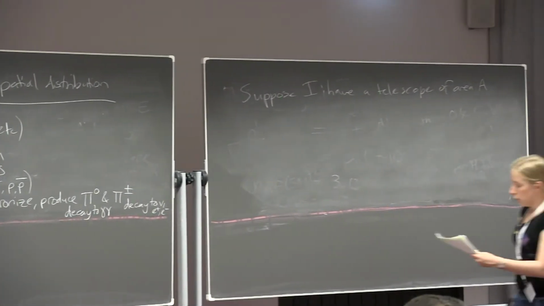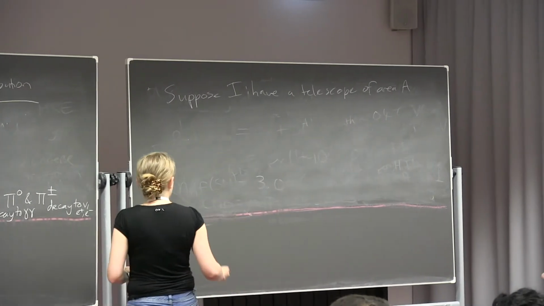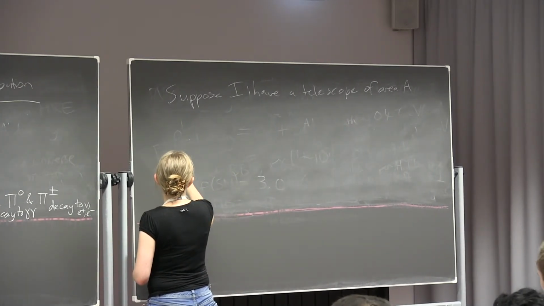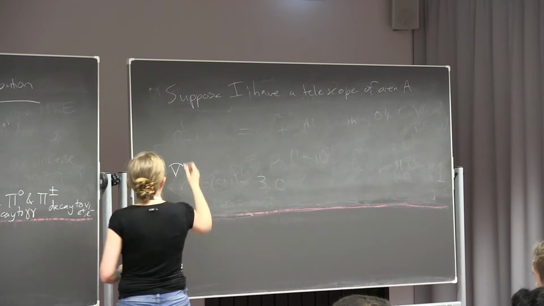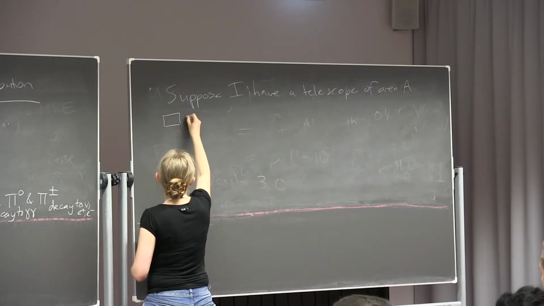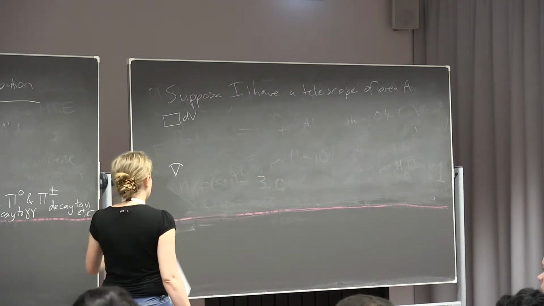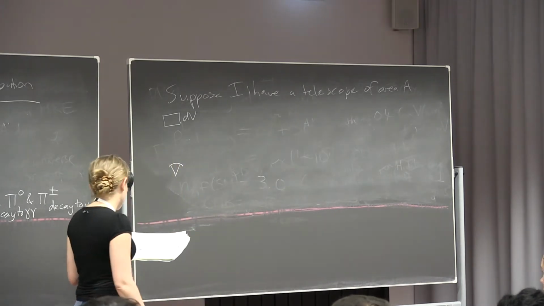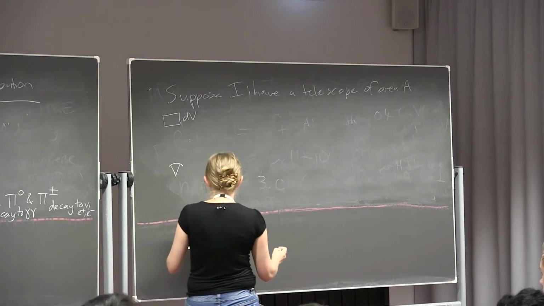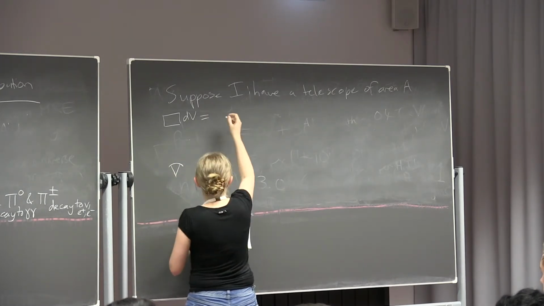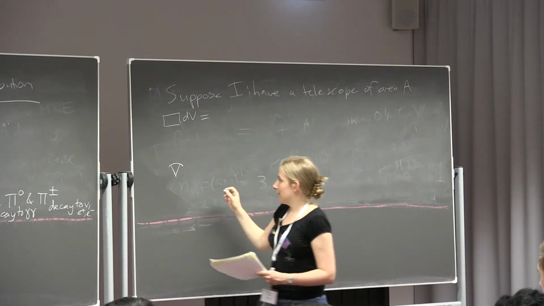So I have my telescope of area A down here at Earth, and somewhere out in space I have a box of volume dV, and I want to know what is the contribution to my signal from this box. I'm going to work in spherical coordinates because it's simple.